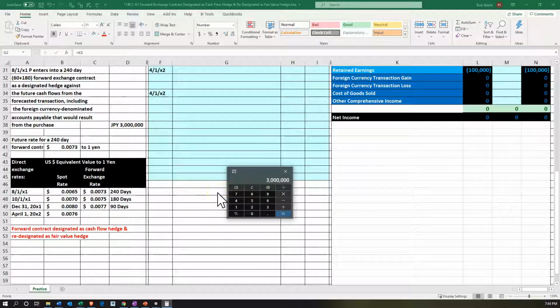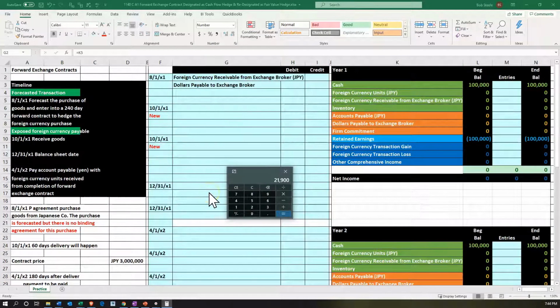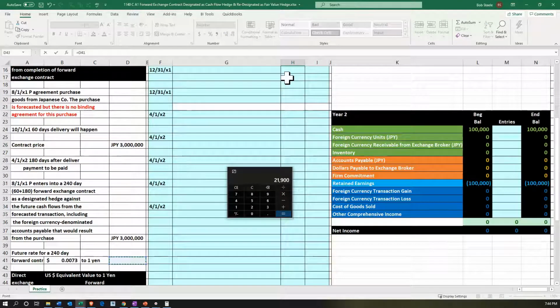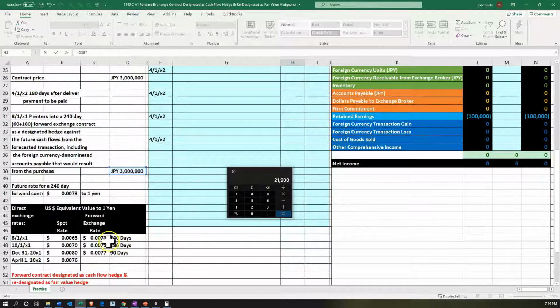So we have the 3 million times the 0.0073. That's going to be the 21.9, so we'll put this on the books at 21.9. Let's do that calculation again up top: 3 million times the 0.0073.